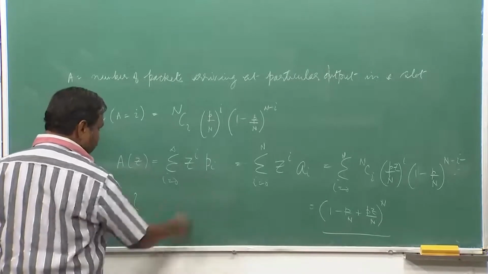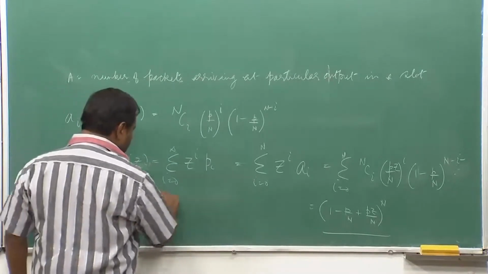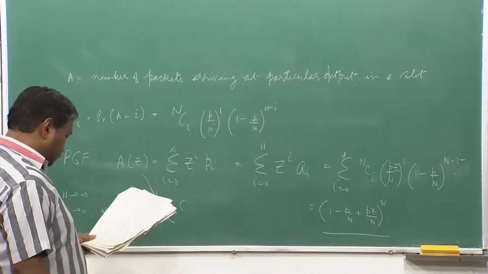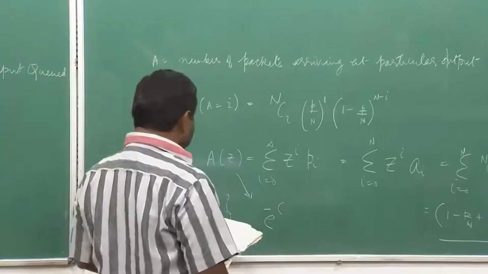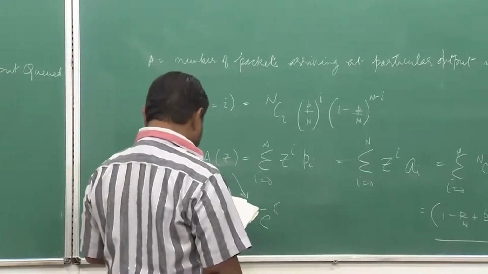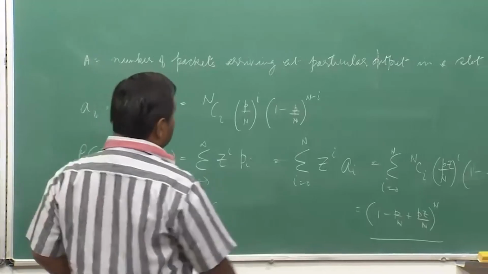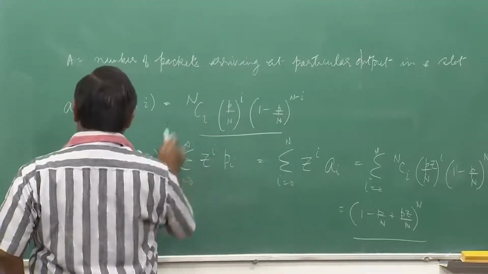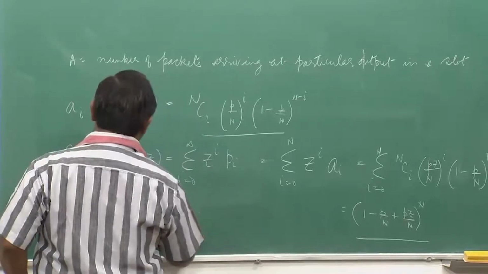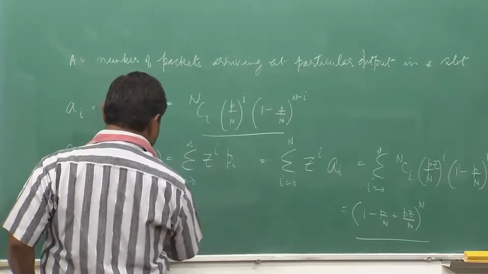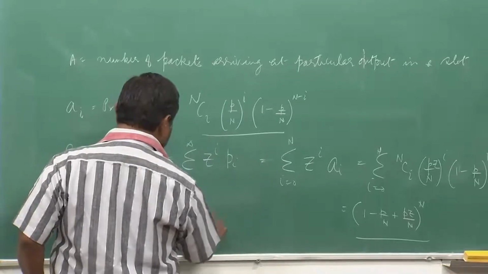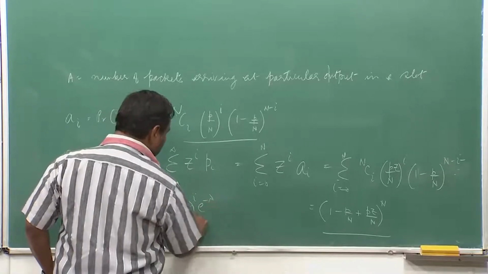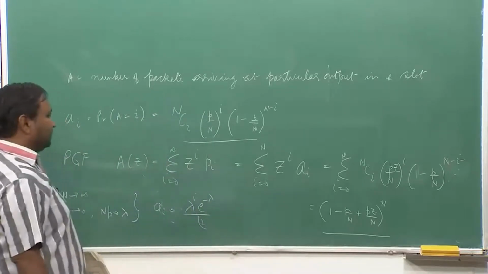In that case, the probability Ai will get converted to lambda raised to power i e raised to power minus lambda by i factorial. This gets converted to the Poisson distribution.